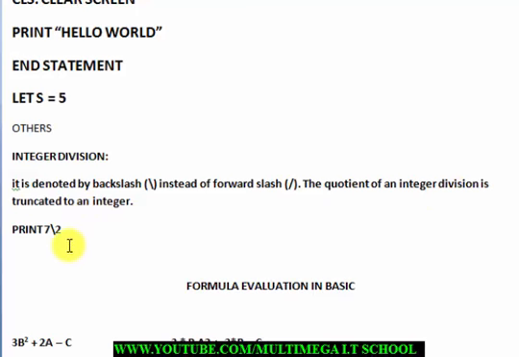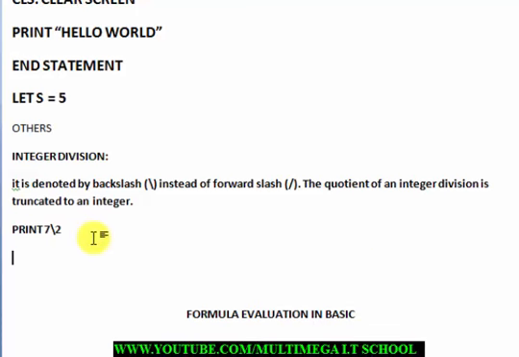What this is simply telling us is that if you do something like 7 divided by 2 or 3 divided by 5 or 5 divided by 3, then the remainders are thrown away, and only the whole number is taken. For example, if you do 5 integer division of 3, you are going to get 1.